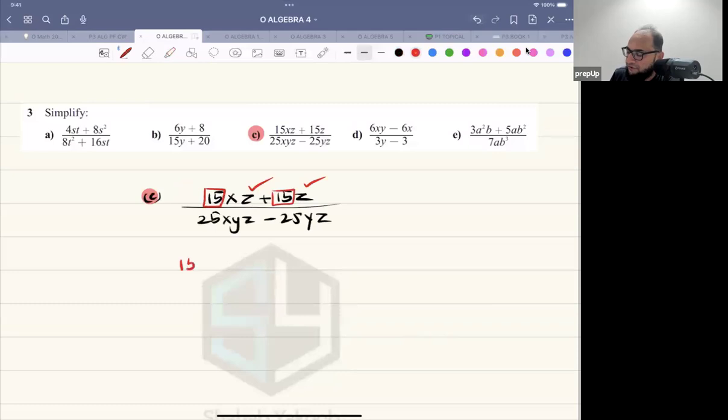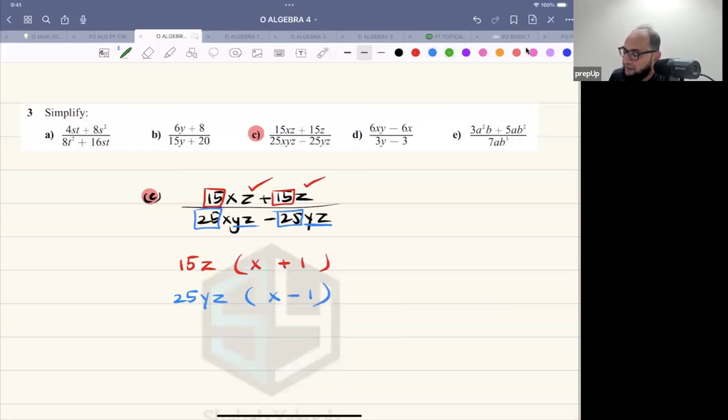So 15z is taken common out, and I'm left with x plus 1. If I focus on the denominator, I can take 25 common out, I can take yz common out. So 25yz is taken common out, I'm left with x minus 1.